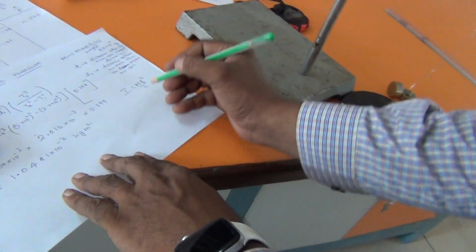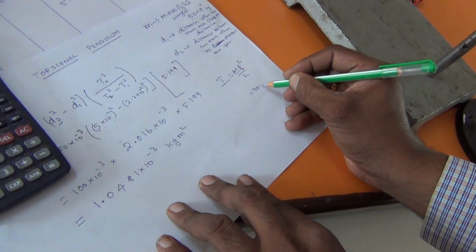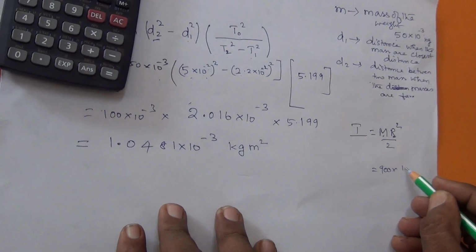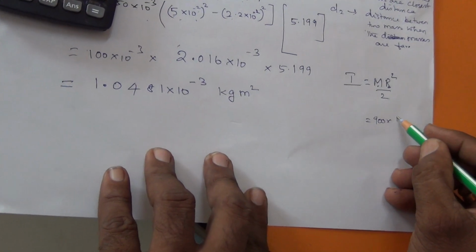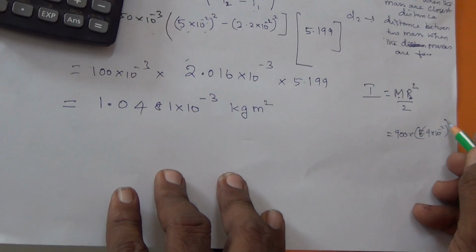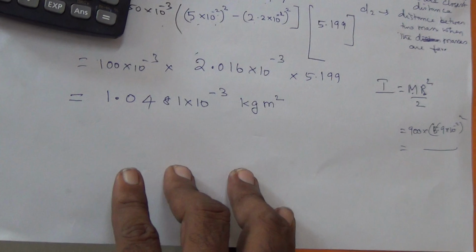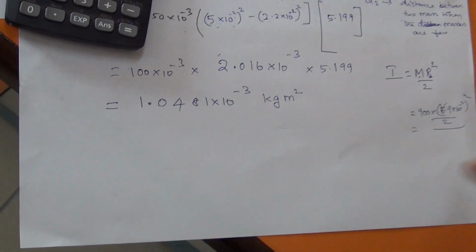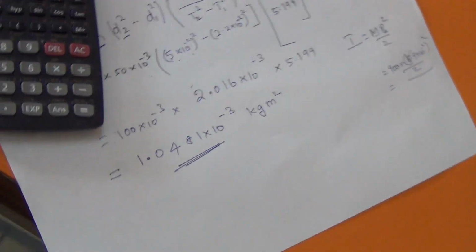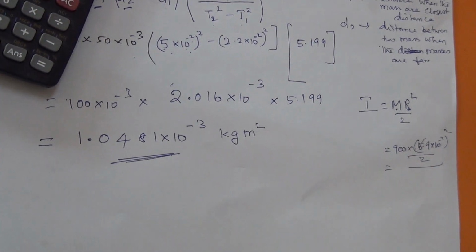So 900 into the radius, 11.8 means 5.9 into 10 power minus 2, whole square, divided by 2 will also give you the moment of inertia. This is a correct value. So you can also determine the moment of inertia like this.